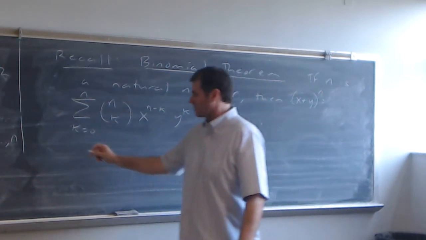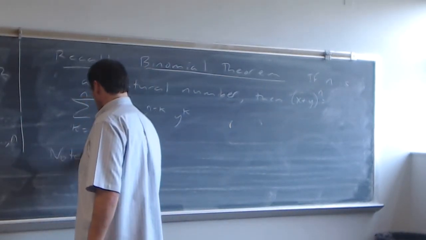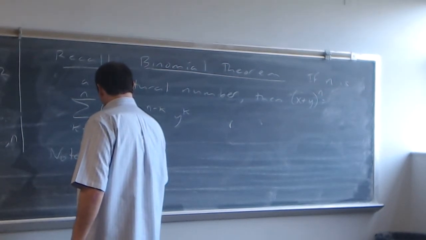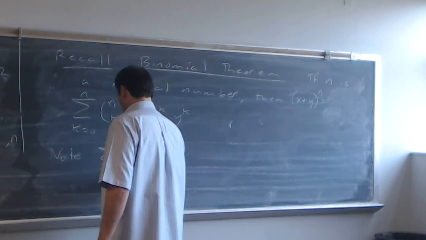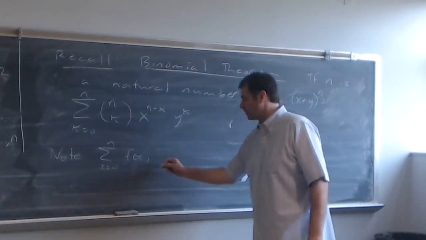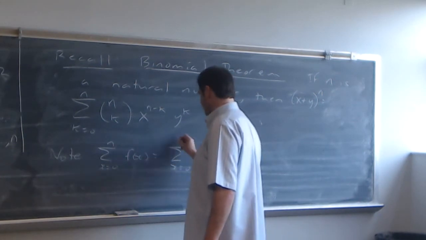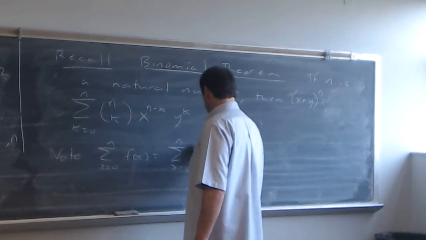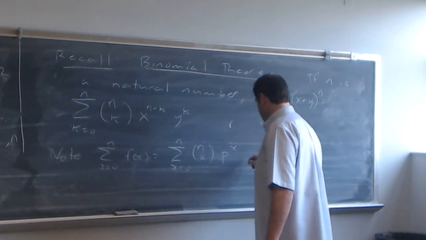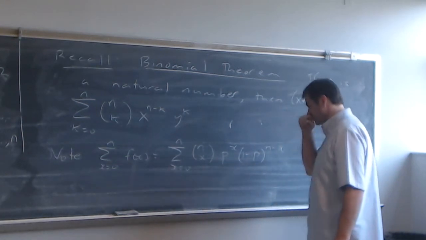Now, using the binomial theorem, we can note that the sum as x runs from 0 to n of f of x, where f of x is the PMF for a binomial random variable, is equal to the sum as x runs from 0 to n of n choose x, p to the x, 1 minus p to n minus x.